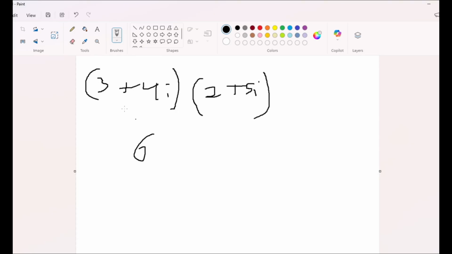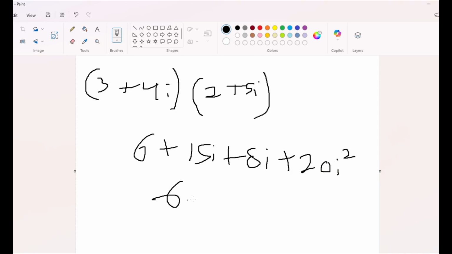FOIL method. 3 times 2, 6. 3 times 5i, 15i. 4i times 2, 8i. And 5i times 4i is 20i squared. Combine like terms. 6 plus 23i plus 20i squared. There. But wait.